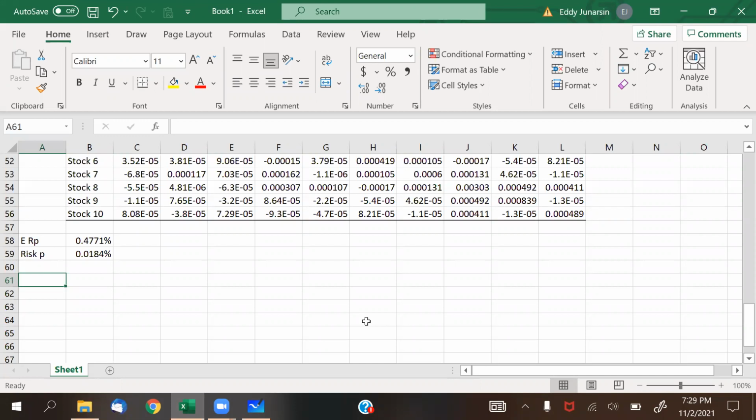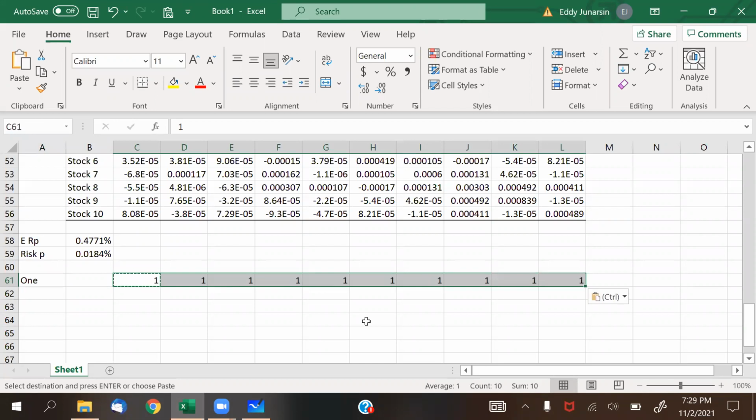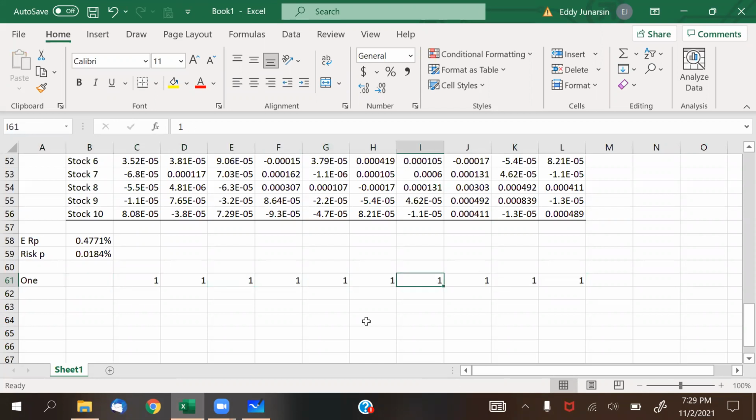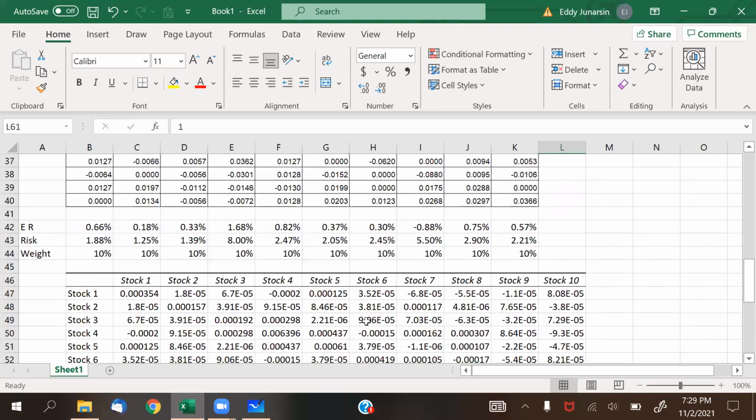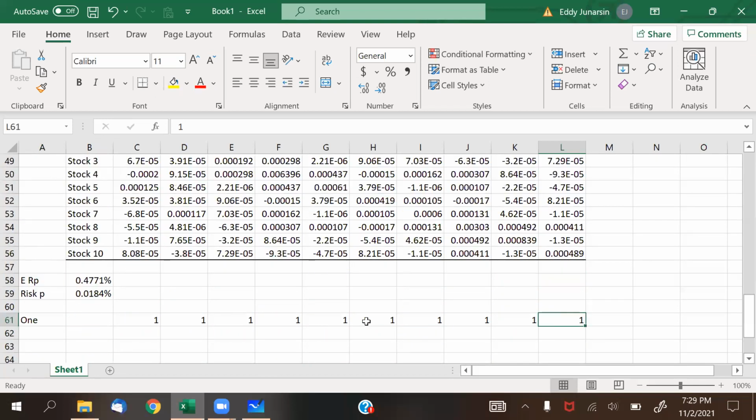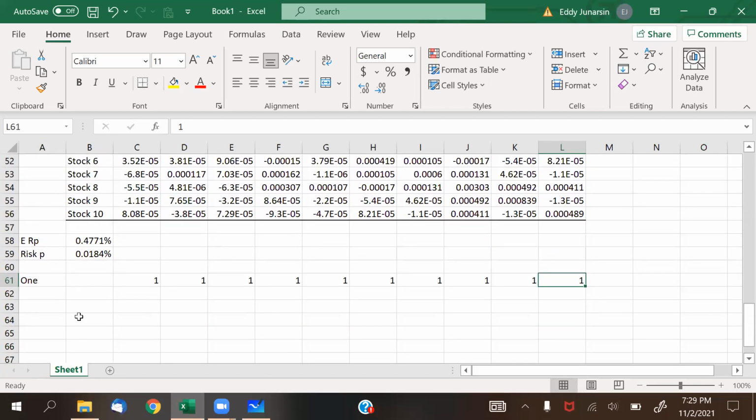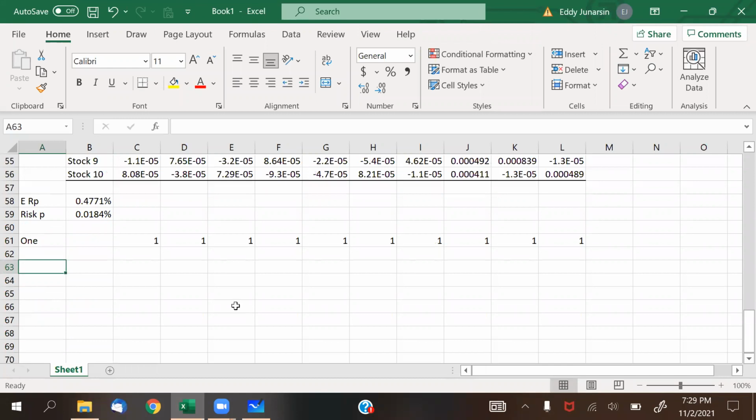Okay, I will continue. To continue our process, we need the identity matrix. You still remember the identity matrix is one for all the values, right? So I will just use one here, one for all the components, the stocks. Now we have to start computing certain values.